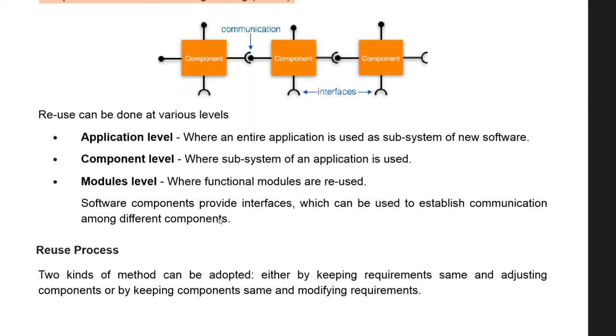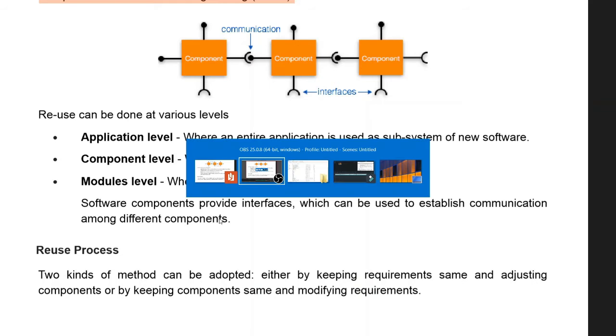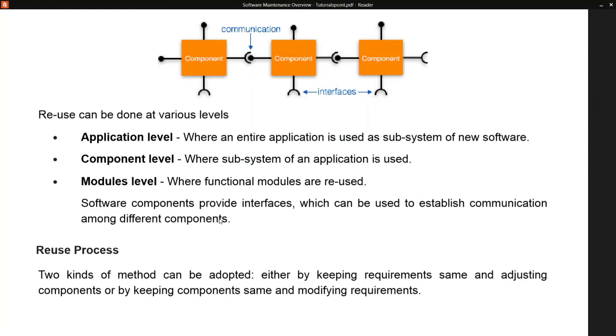Application level means where an entire application is used as a subsystem of new software. In component level, the subsystem of an application is used, and modules level are functional modules.